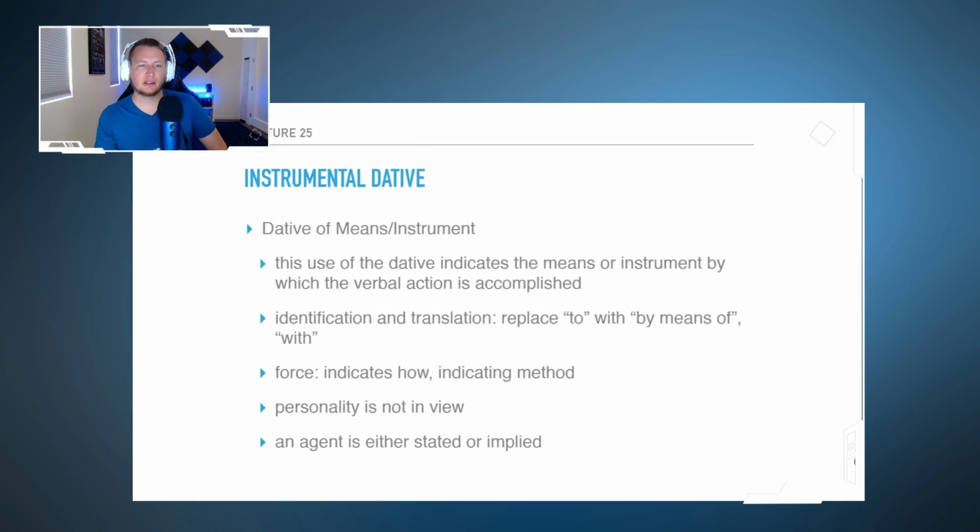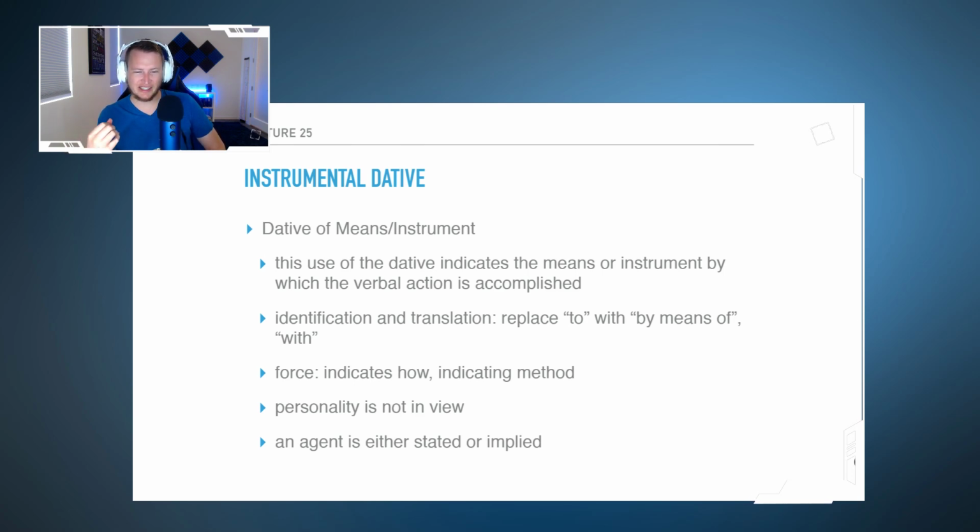Also an instrumental dative: dative of means, dative of instrument. This is the use of the dative indicating the means, that's how, or instrument, the tool, by which the verbal action is accomplished. So you replace "to" with "by means of" or "with."